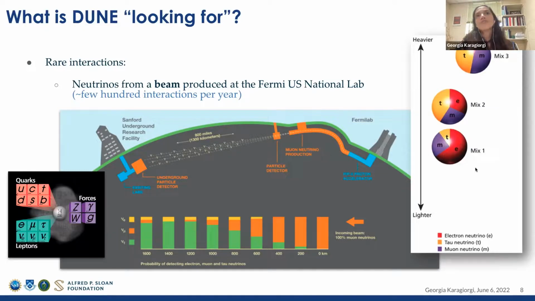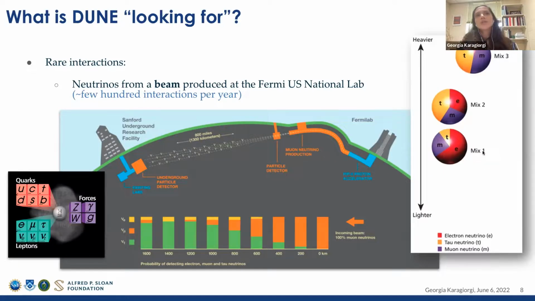And the different masses that they come in are different admixtures of electron, muon, and tau flavor. So as these different masses experience time as they propagate differently, that leads to the quantum mechanical effect, which can be observed as oscillations from one flavor to the other.